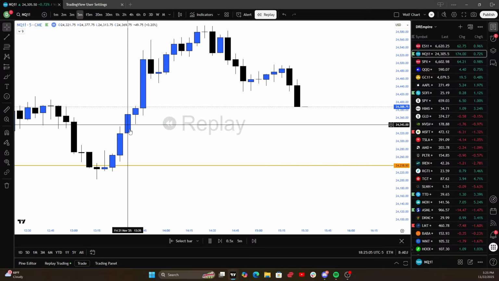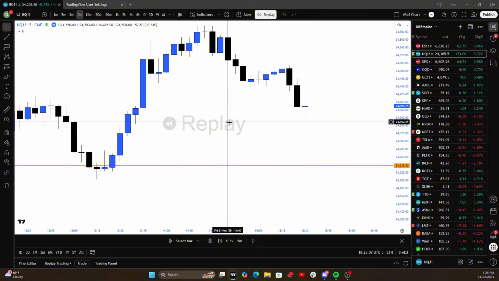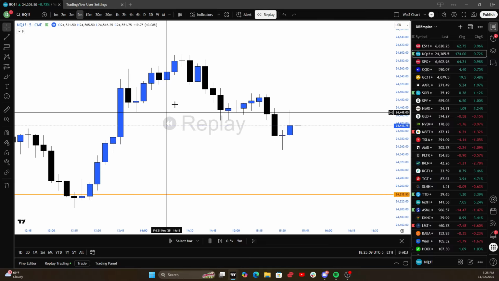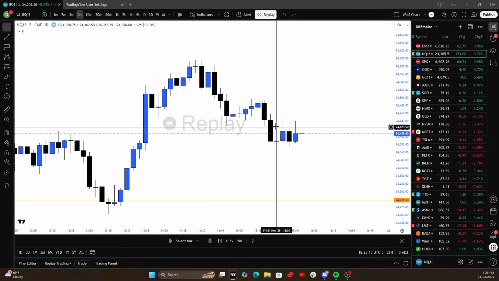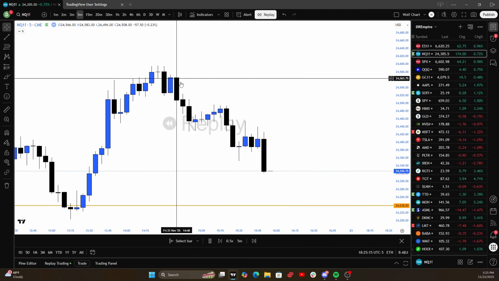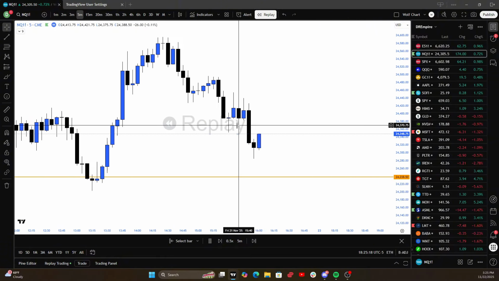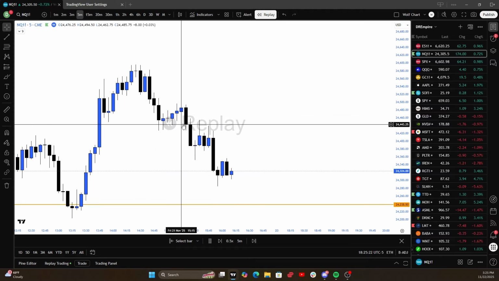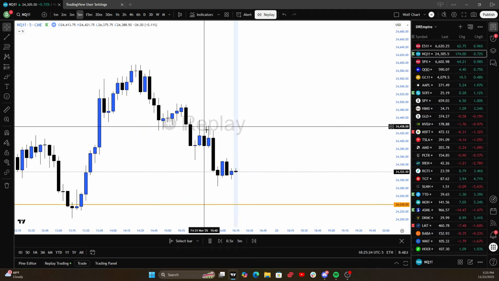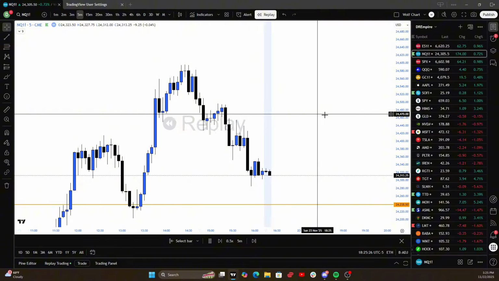These are the moves we want. We want moves like this, moves that are just going. If we're in up here, then this is a good entry, because we're still making lower highs and all of that. We want to be getting in moves that are moving. We don't want to be in the middle of these chop zones, because that's how you get burnt a lot.